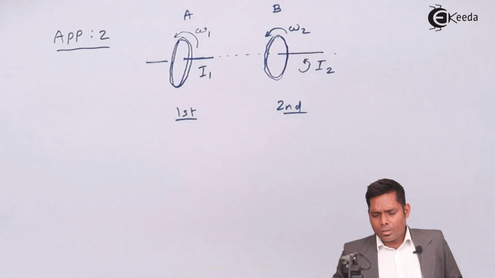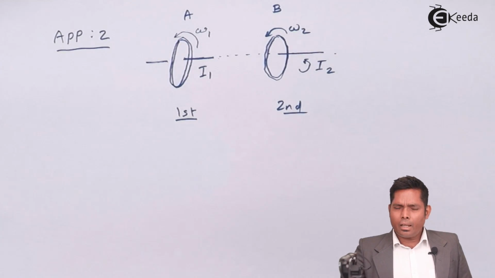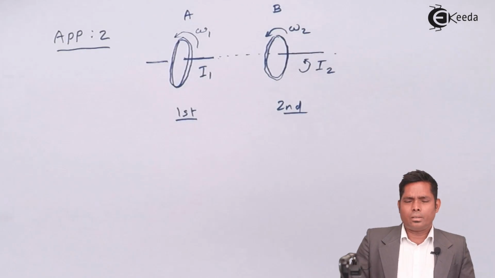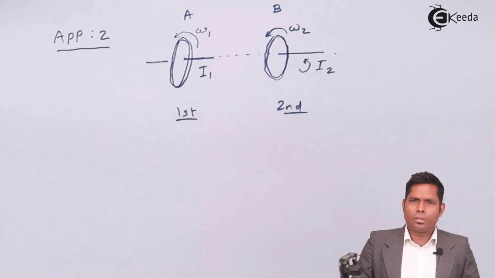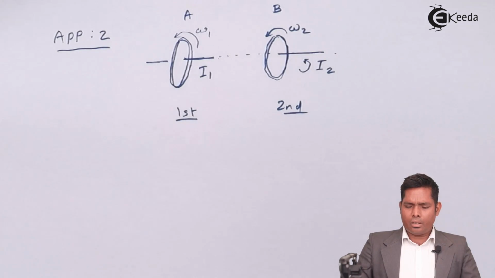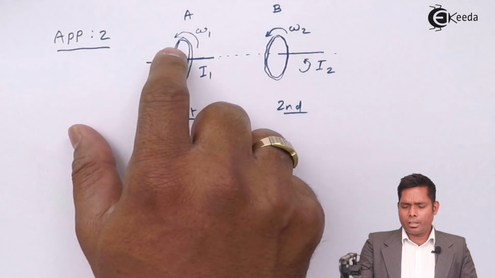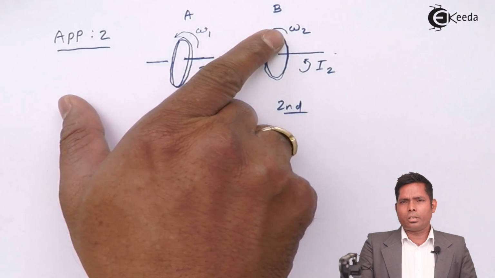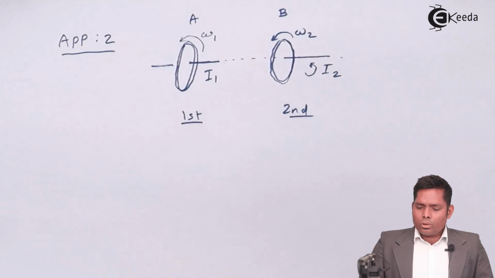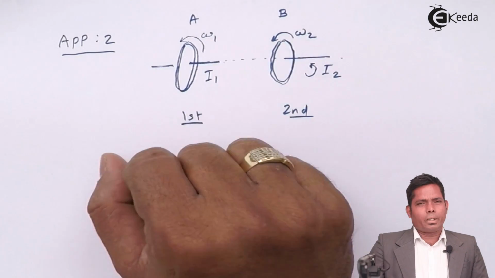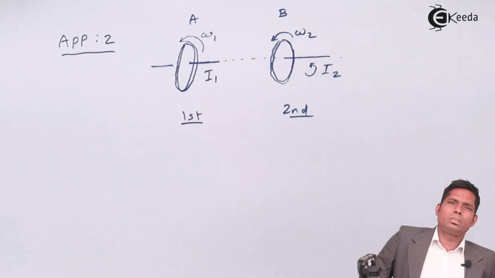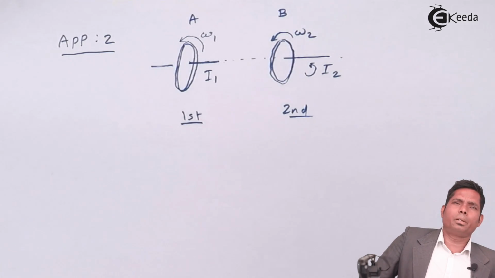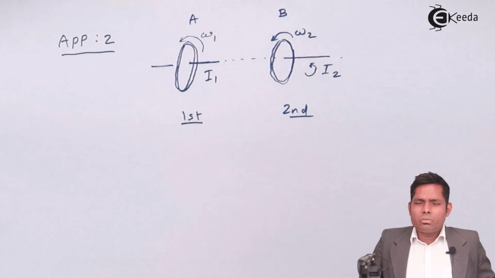then when you stick them together, it might be rotating with another omega. Suppose one is moving with a frequency of 100 rpm, and the other is moving with 120 rpm.